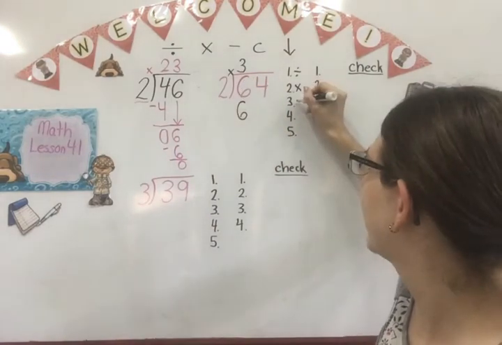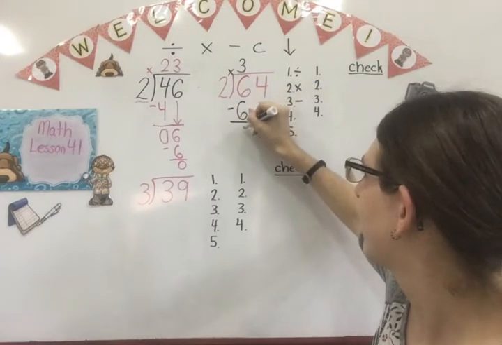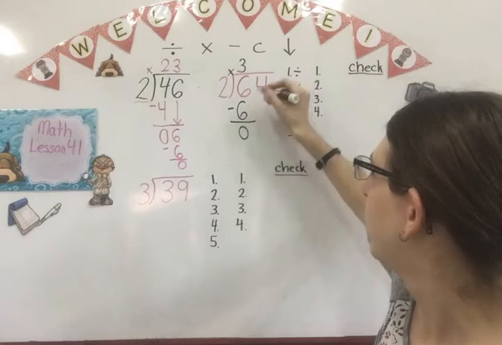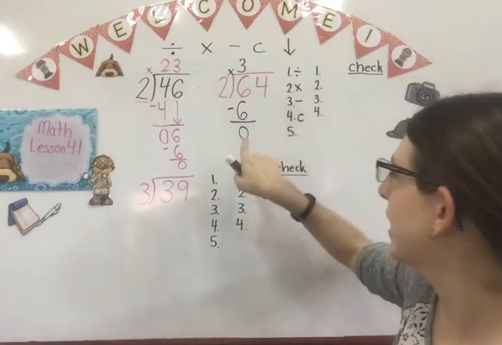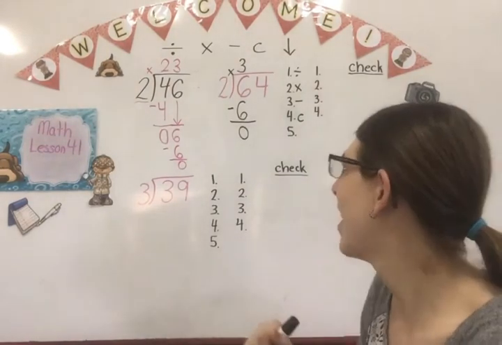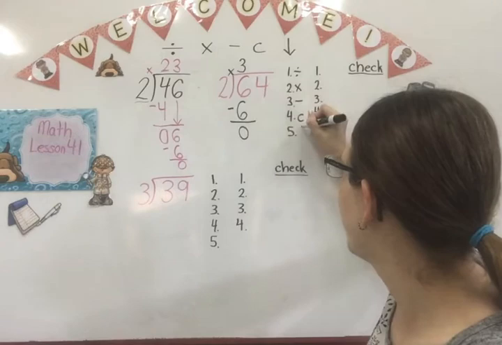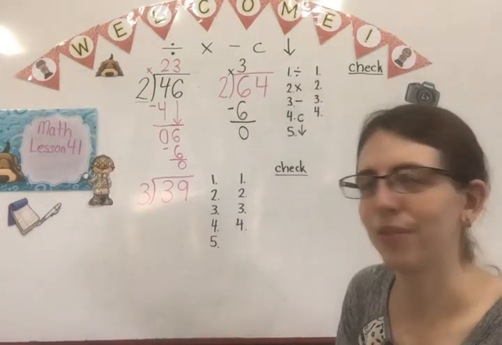Now I do my next step, which is to subtract. 6 minus 6 is 0. I compare 0 to 2. Is 0 less than 2? Yes, it is, so I can move on and do my fifth and final step, which is to bring down.